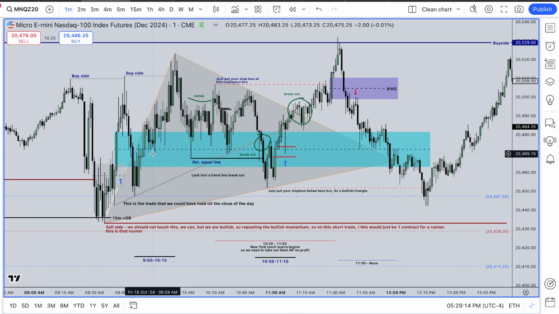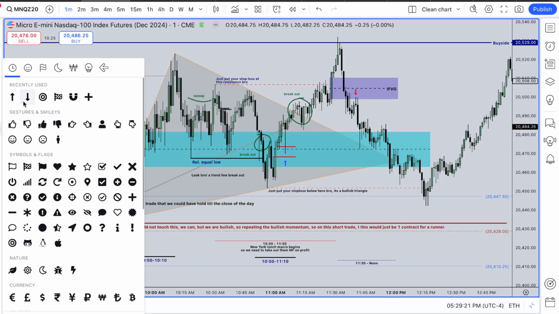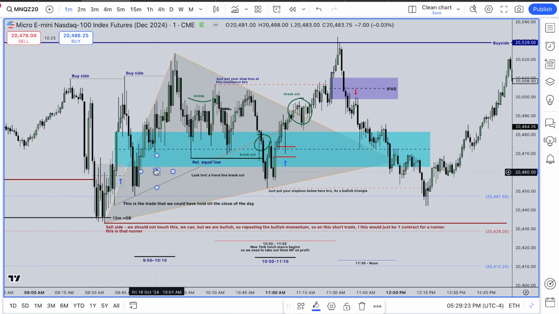So in here we could long entry, but I was long in here already, and in here we could have also long. Let's do that like that, and then in here we move lower. In here we could possibly take out this low, so we could possibly have shorted in here.